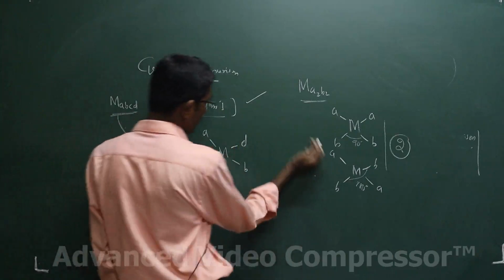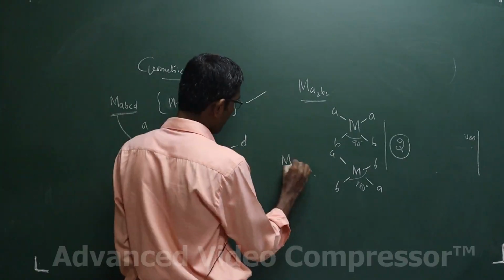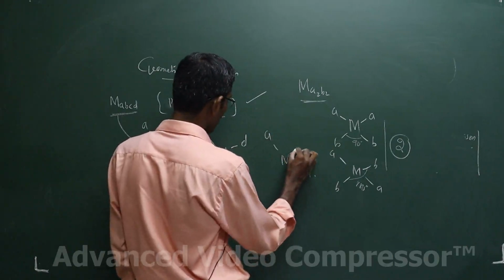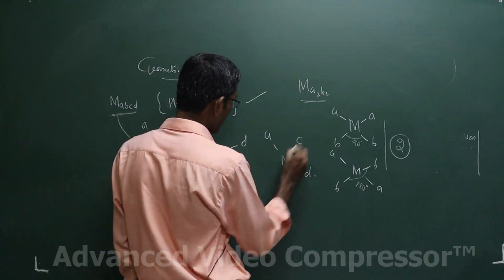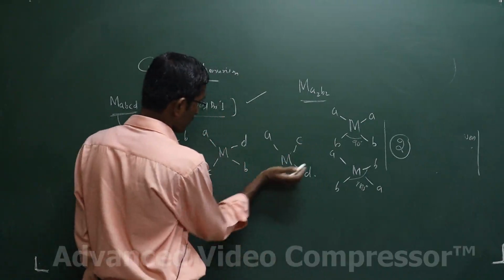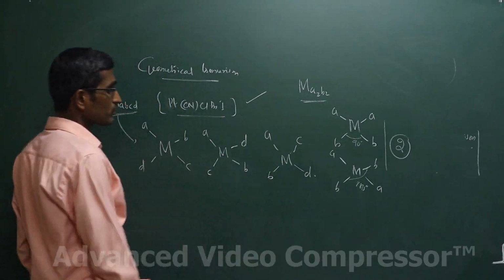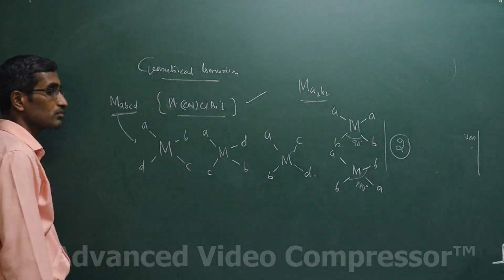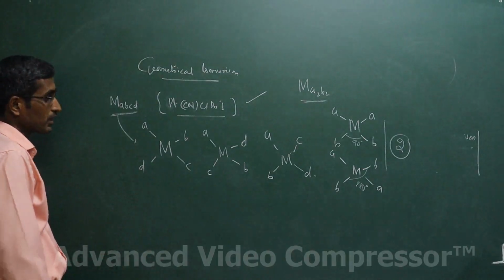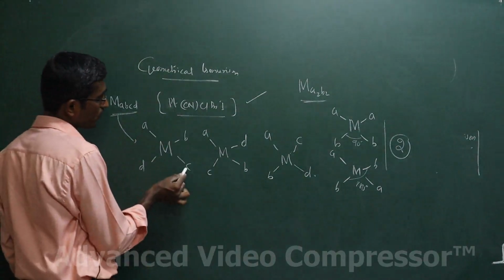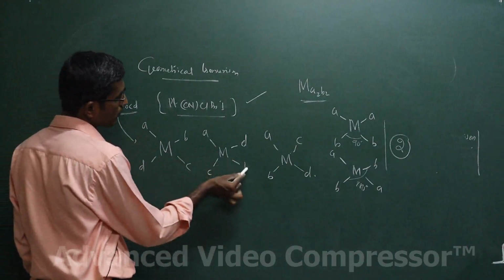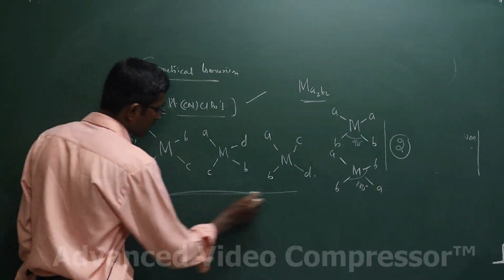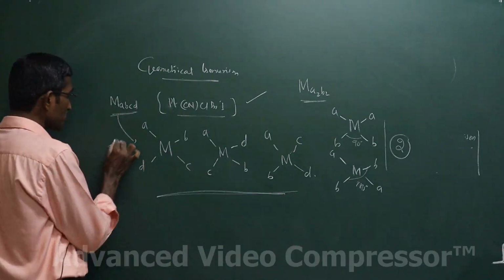Third form I can write, students, M I'll keep as such, A and D I'll keep here, and it is C and B. So only three forms are possible. Any other modification you make, you will not be getting. I will repeat again. In the first case, A is opposite to C. In the second case, A is opposite to B, and in the third case, A is opposite to D. Automatically, the rest of the forms will be fixed. That is, it can form 3 geometrical isomers.